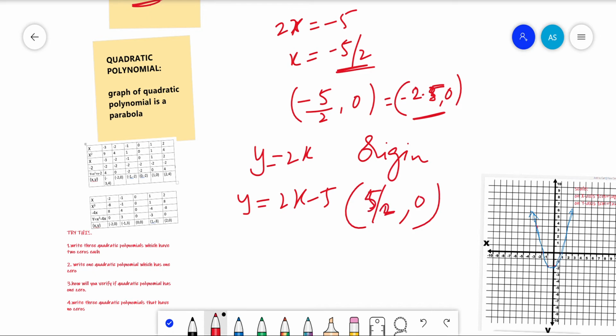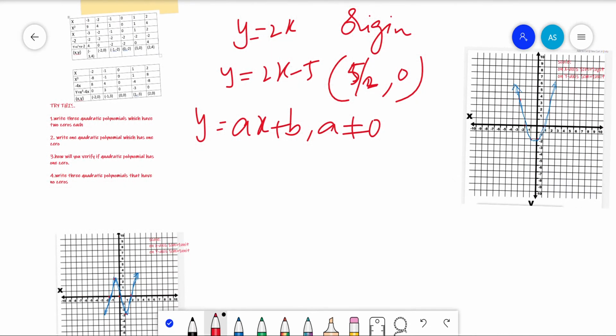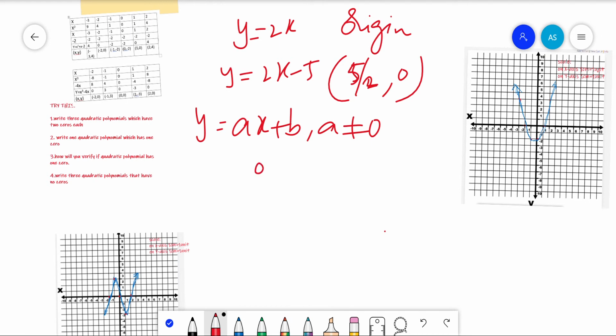So what you can finally conclude is that y = ax + b, where a is not equal to 0, is a line which has exactly only one zero.